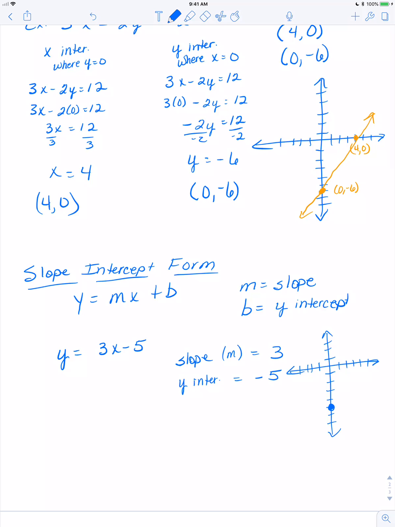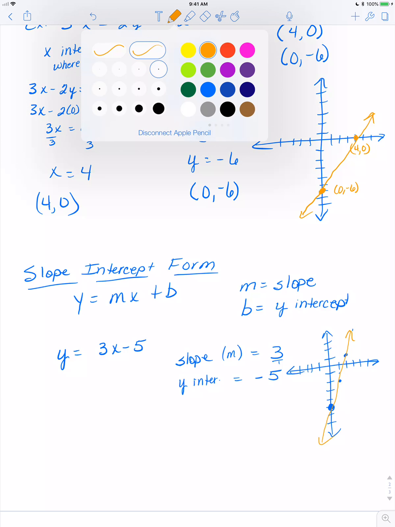And remember, slope is just rise over run. Any whole number is always just over 1. So if we rise up 3 units, run over 1 unit, and you keep going, then there's different points on our line, and we can draw a line between the points that we created. And there's the line of that equation.